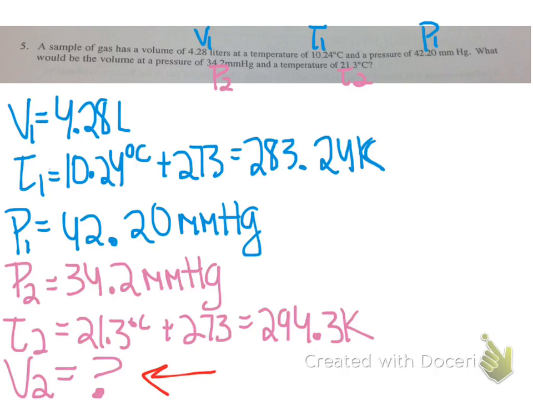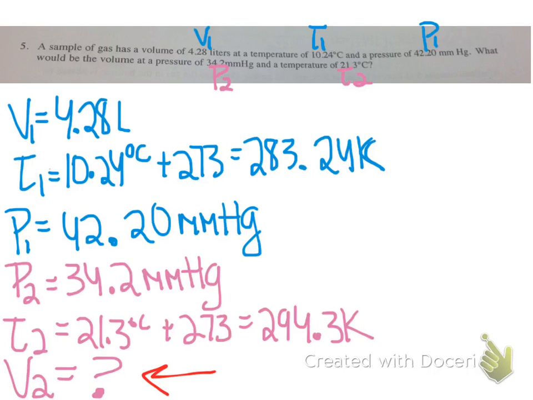So you see your 4.28 liters, and you know that's your volume 1, and your temperature 1 would be 10.24 degrees Celsius. But when you're solving with these equations, you need to turn it into kelvins. The way to do that is to add 273 to your degrees Celsius.